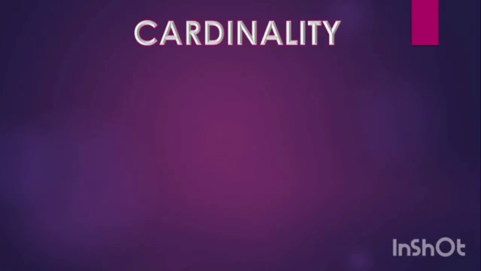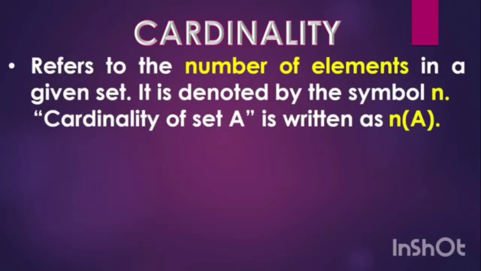Next, cardinality. This refers to the number of elements in a given set. So, kapag ang hinihingi naman ay bilang, pinabibilang kung ilan ang elements, that is already cardinality. It is denoted by the symbol small letter n.